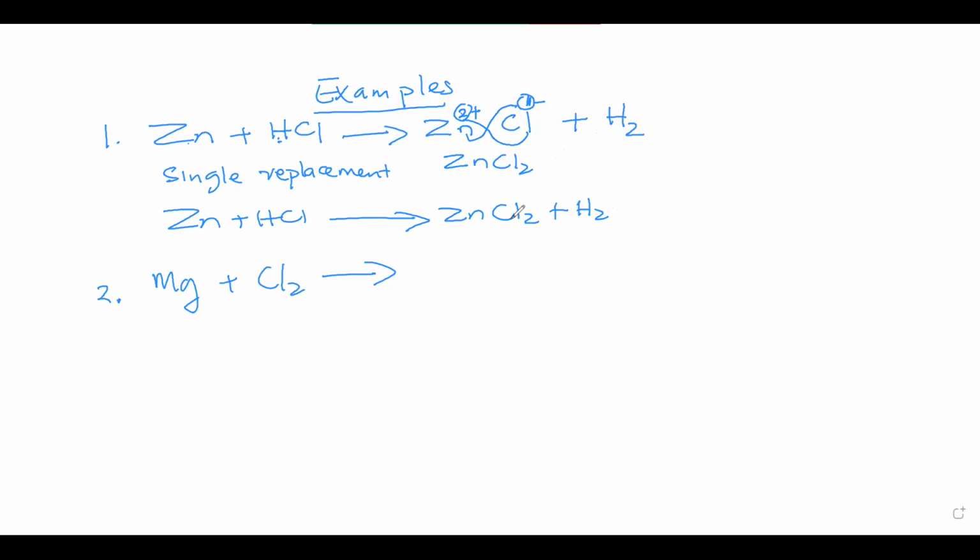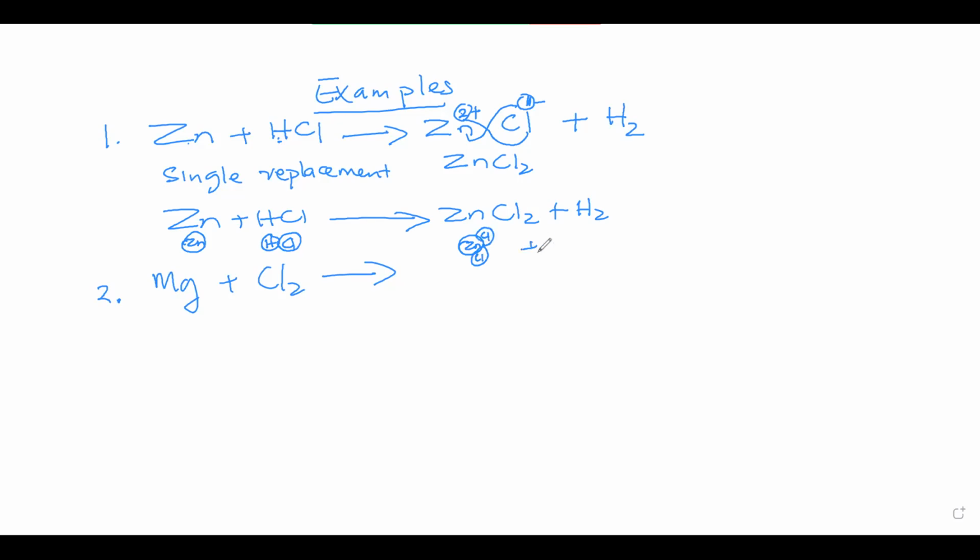Now, is this balanced? You will balance the equation. Let's say this is zinc. If you choose to draw, I use drawing because many students, for some reason, have not been exposed to this.